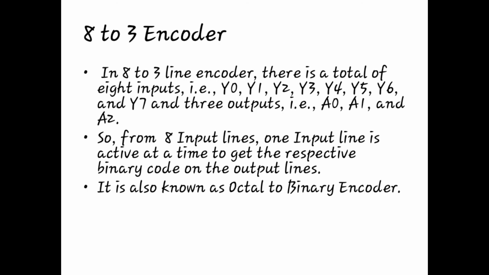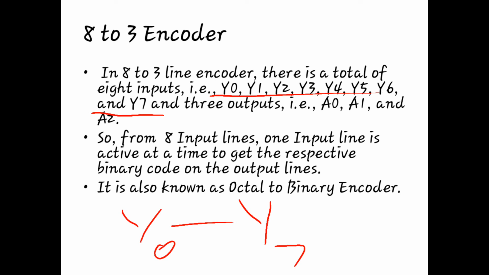Now the next part of discussion is how one can design an 8x3 encoder. Now for the 8x3 encoder, again from the definition, we have 8 inputs, let us say represented as y0 to y7, and 3 output lines, let us say represented as a0 to a2.